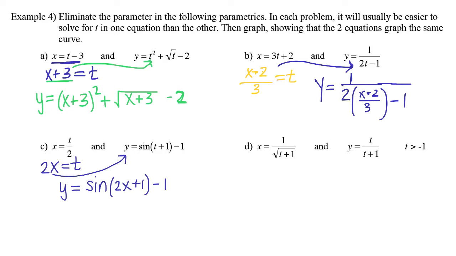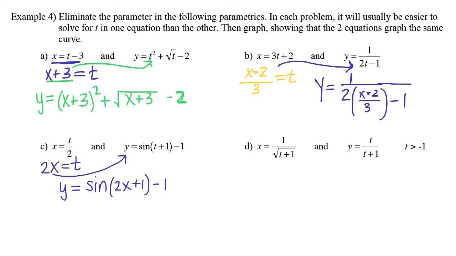Okay, so for the next one, here the same idea. Now we do have the stipulation that t has to be greater than -1. That way we don't get any zeros in the denominator. So let's see what we're going to end up with this one. Okay, I have to get my marker going.